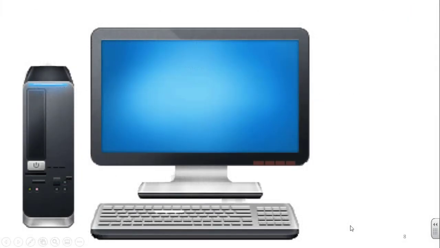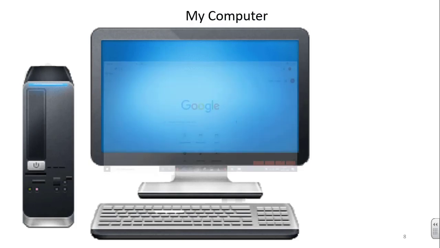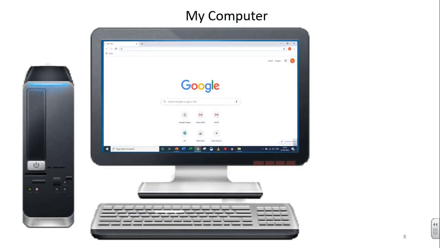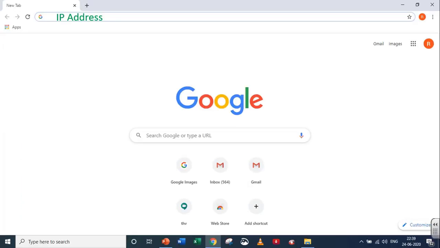Let's take up an example to understand the functioning of domain name and IP addressing. This is my computer. I have opened up Google Chrome, my browser, in my computer. This is the screen of Google Chrome. Now I can do two things. Either I write the IP address, which is in binary form, and it's very difficult to remember.